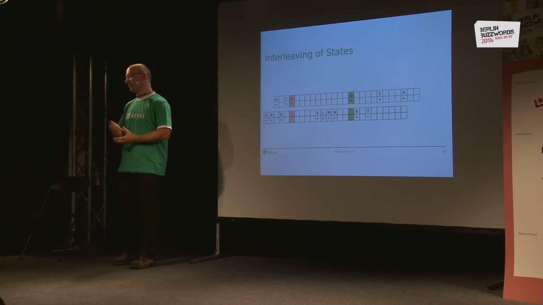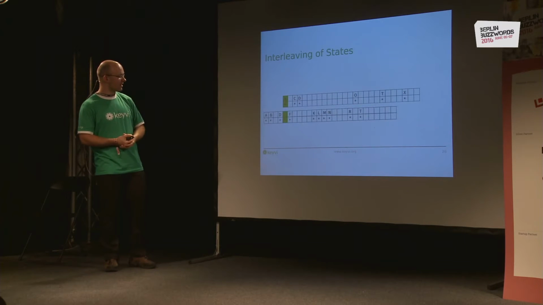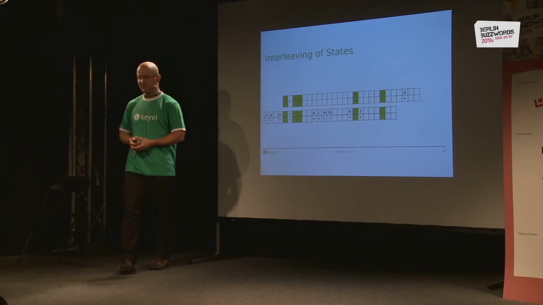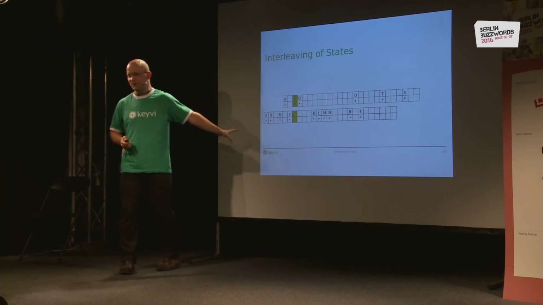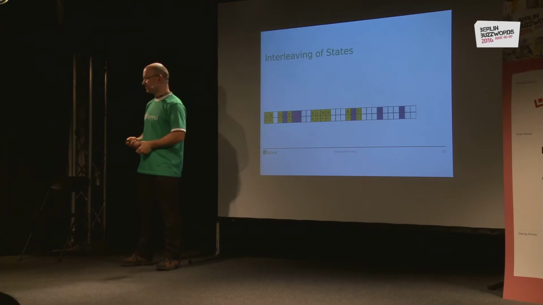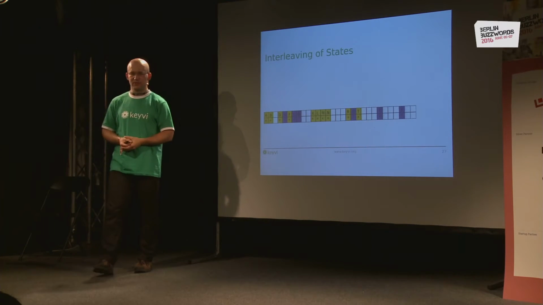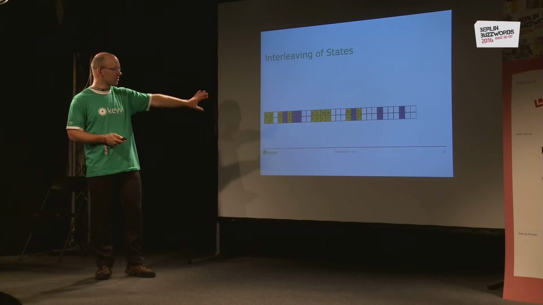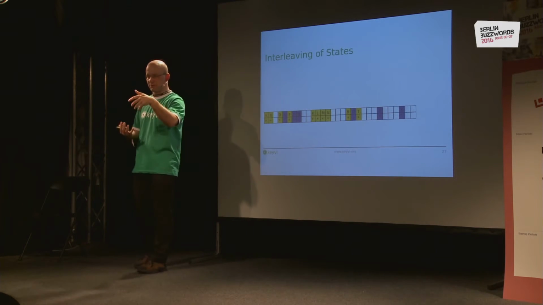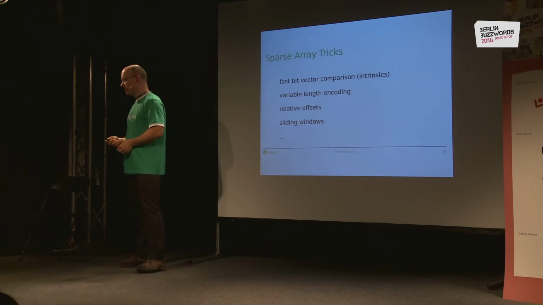Okay, this looks almost. Again. Yeah, I think we made it. So we finally found a way to put these two things together, and in the end it looks like that. So we combined both of these sparse array representations into one.